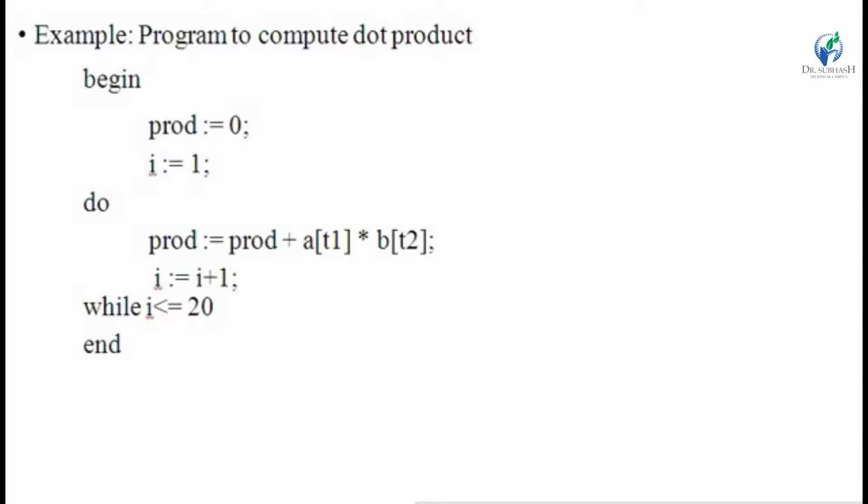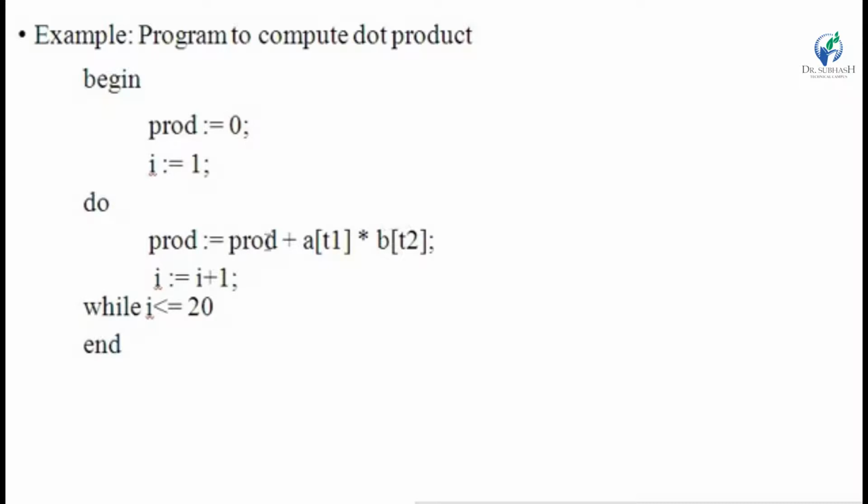So the 3 address code for this program: first, product is equal to 0, I is equal to 1, then temporary T1 is equal to 4 into I, T2 is equal to A of T1, T3 is equal to 4 into I, T4 is equal to B of T3, T5 is equal to T2 into T4.